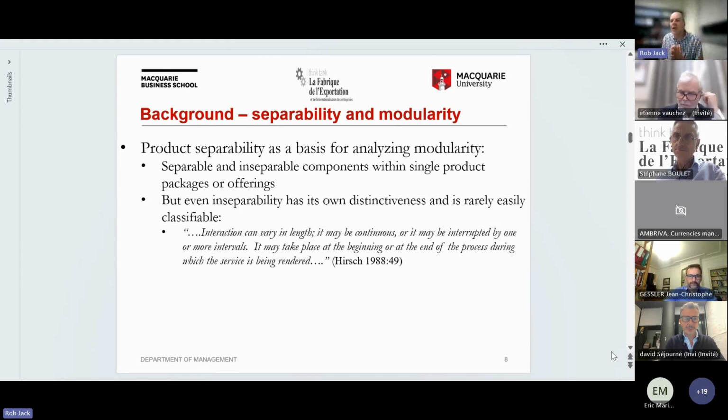We tend to think of interaction in a rather one-dimensional way. But as this nice little quote says, interaction can vary in length. It can be continuous. It can be interrupted by different time periods. It can take place at the beginning of the process, or it can take place at the end of the process.